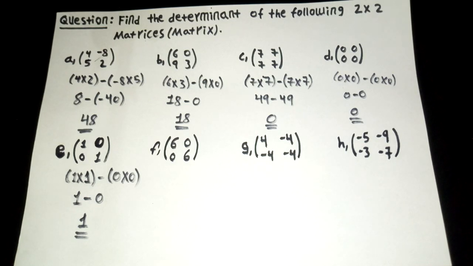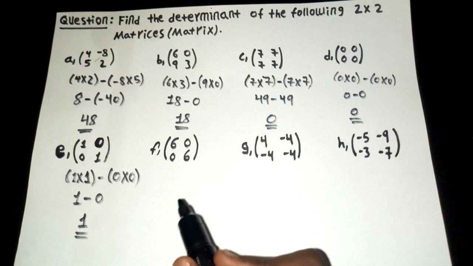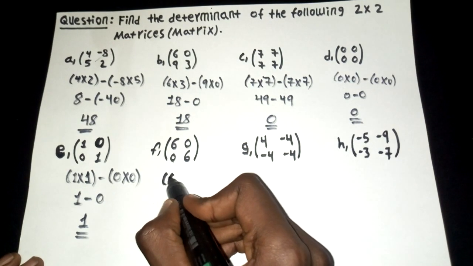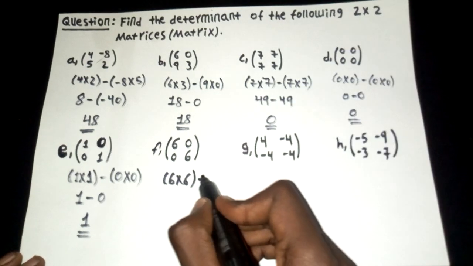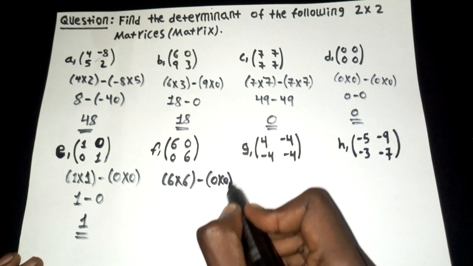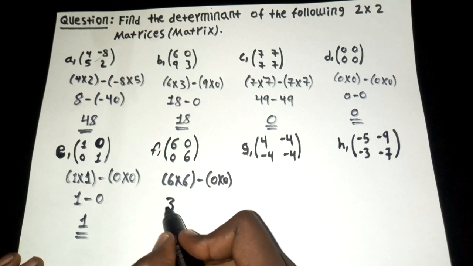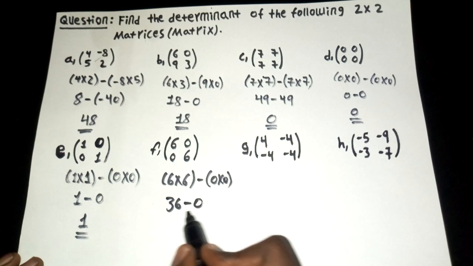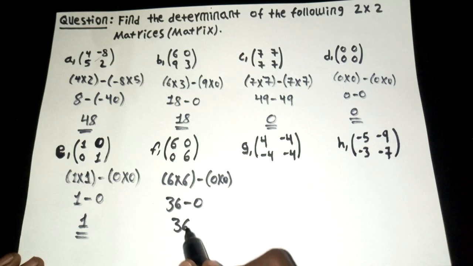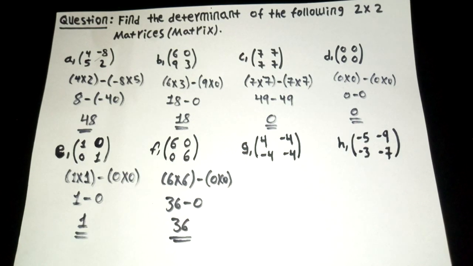If we have the same numbers in the principal diagonal and the other numbers are 0, we call it a scalar matrix. So 6 times 6 minus 0 times 0, 6 times 6 is 36, minus 0, which is 36. So our answer is 36.